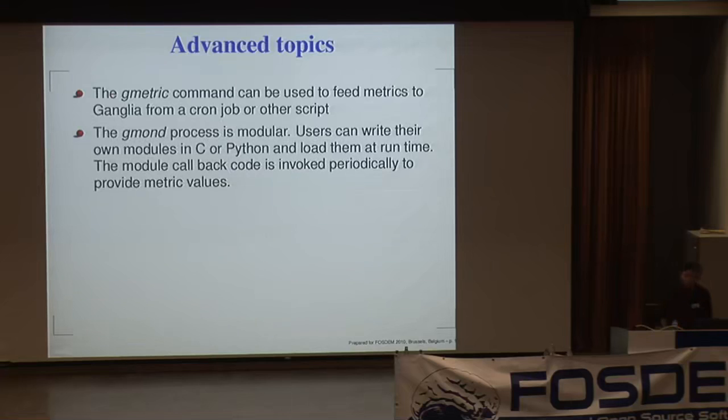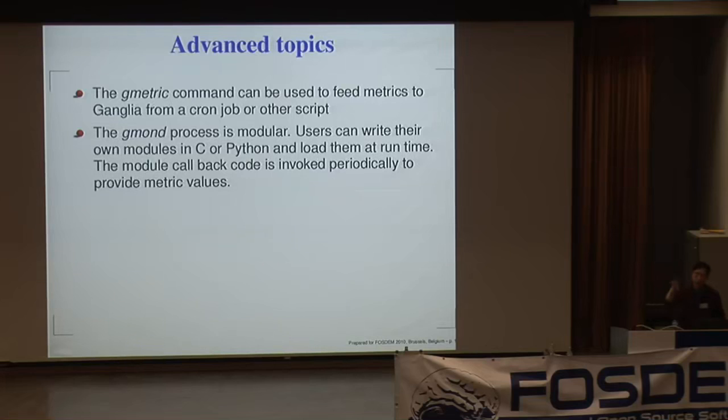In newer versions of Ganglia, we wrote a modular interface to gmond, so you don't need to use gmetric anymore. You could write C or Python code, and the modules have callbacks, and you set a value for how often gmond would get the metric.